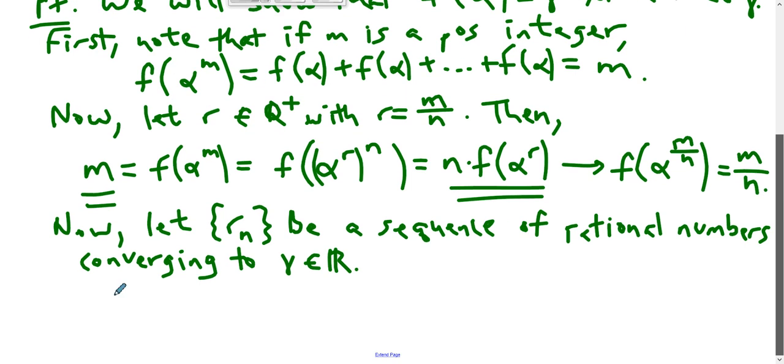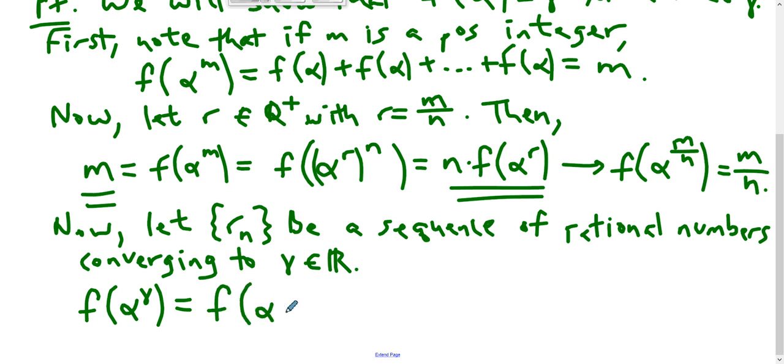So here's what we do: f of alpha to the gamma. So what do we know? We know that the sequence of rational numbers converges to gamma. So we know that gamma is the limit as n approaches infinity of the r sub n's. We know that.